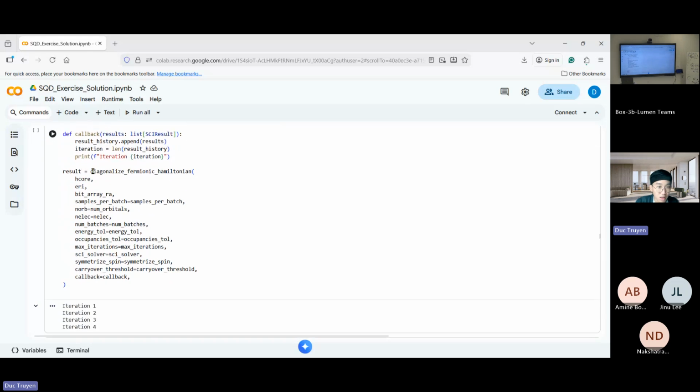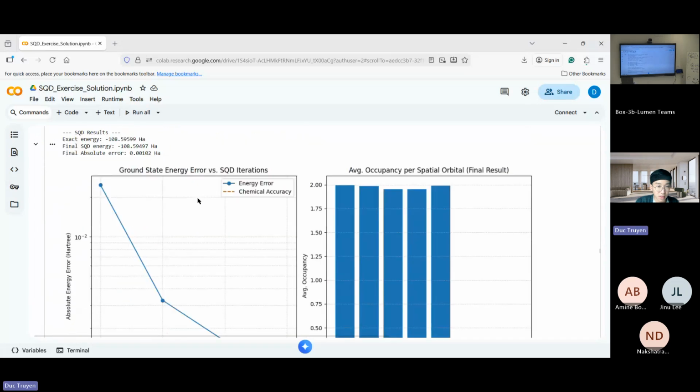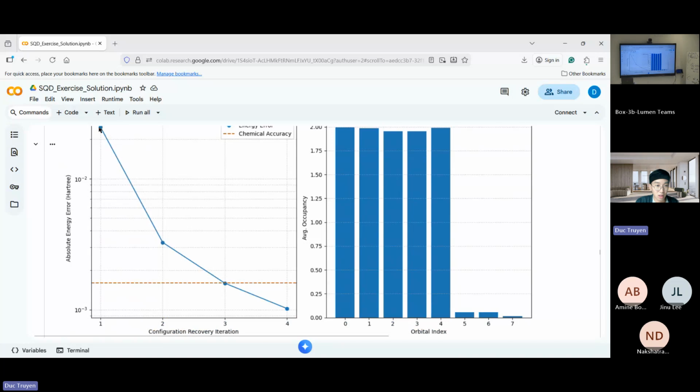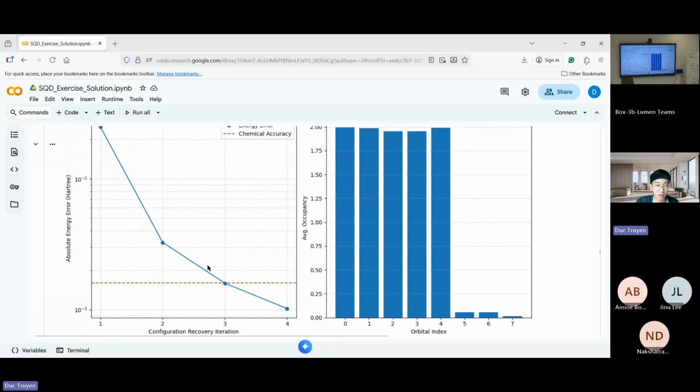So we call the diagonalize fermionic Hamiltonian function and fit in some data. Okay, so we will get the result. This is the energy error convergence. After 4 configuration recovery iterations, we get the error dropping below the required chemistry accuracy.